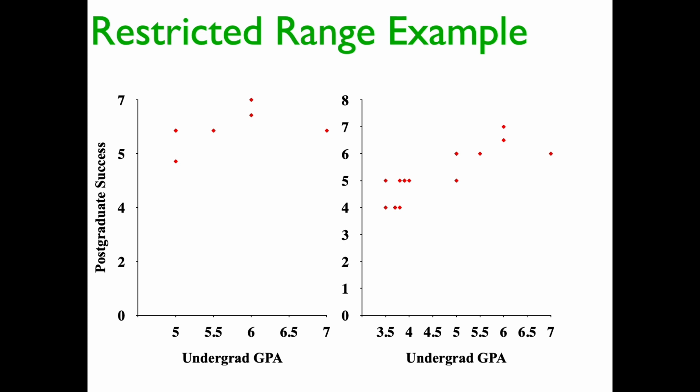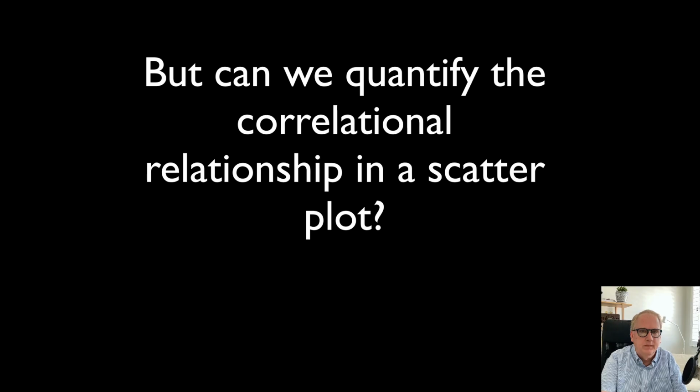So what was missing before were those lower GPAs that actually also had lower success. By not restricting it just to people between 5 and 7 and including a broader range of GPAs, we can now see that there is a relationship between your undergraduate GPA and your postgraduate success.